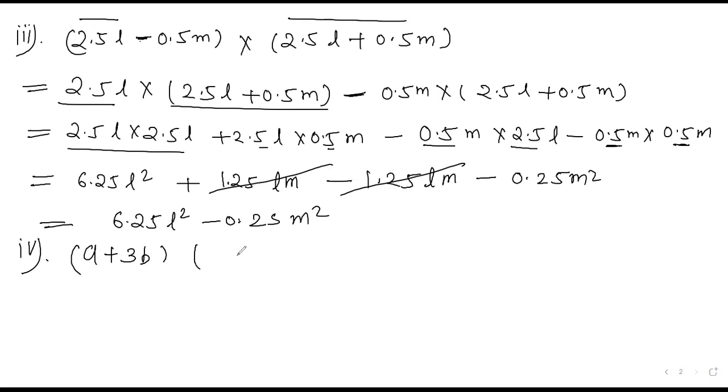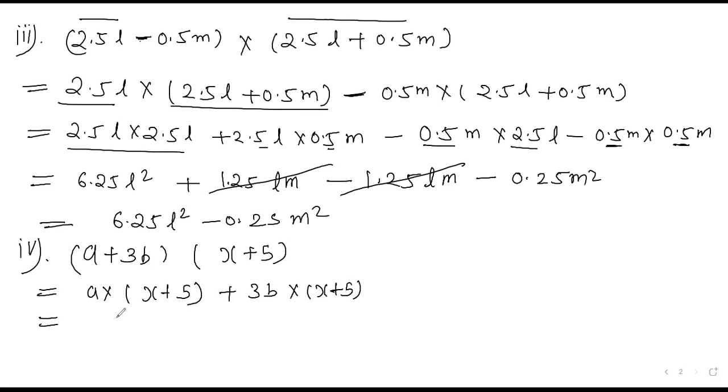A plus 3b, x plus 5. It's very easy. So a is multiplied with x plus 5 and 3b is multiplied with x plus 5. Now a is multiplied with x, ax, and a is multiplied with 5, that is 5a.